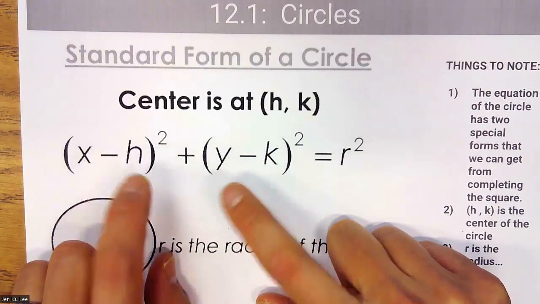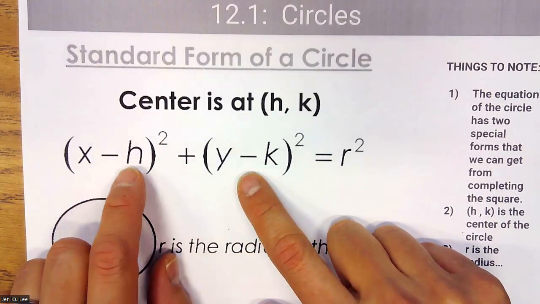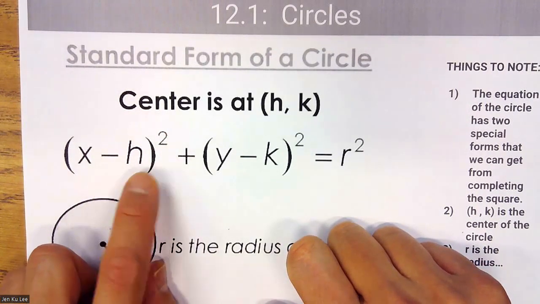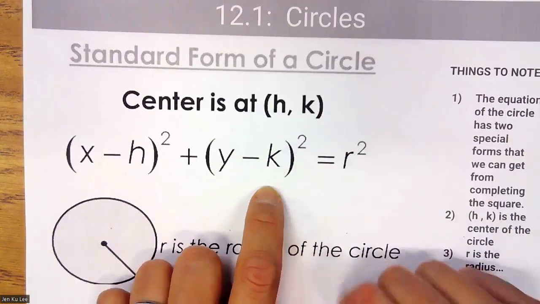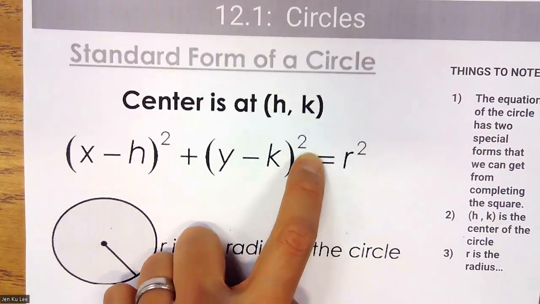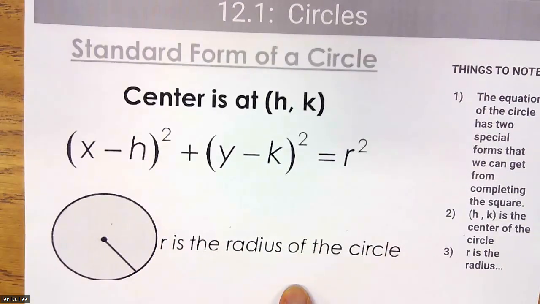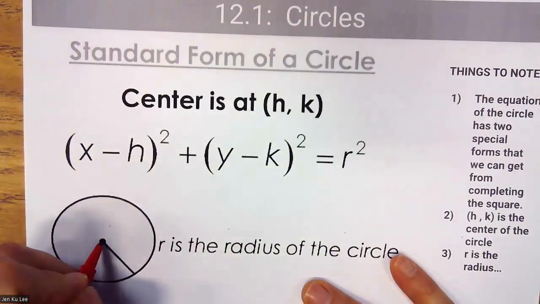So that's why we need that completing the square part in order for us to build this equation. We need that skill. So it's x minus h quantity squared plus y minus k quantity squared equals r squared. And r is the radius of the circle. So that center point, h comma k, is this point here.